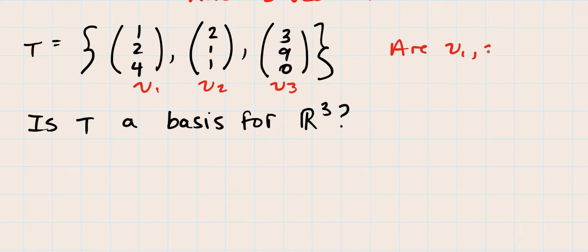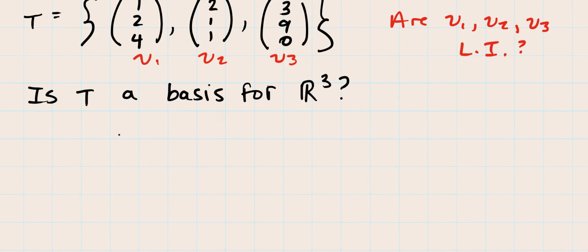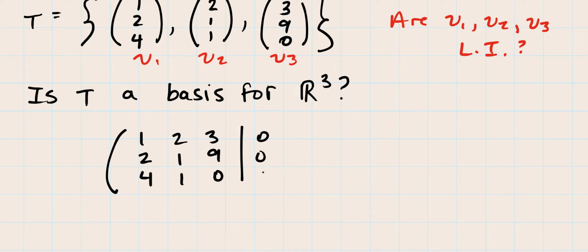Are V1, V2, V3 linearly independent? To check this, we just put these columns in an augmented matrix with 0, 0, 0 here, and find the reduced row echelon form. We just want to see if the reduced row echelon form is the identity matrix.